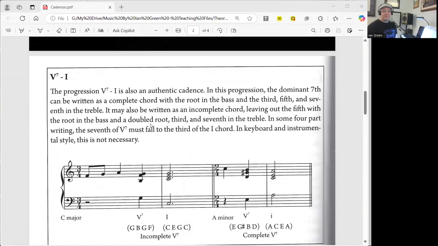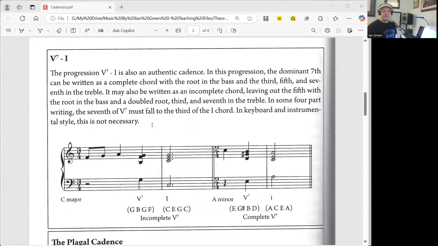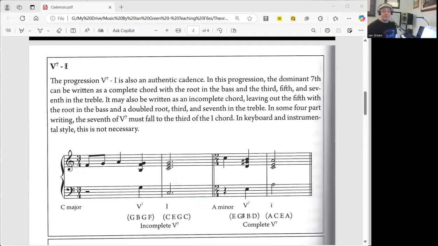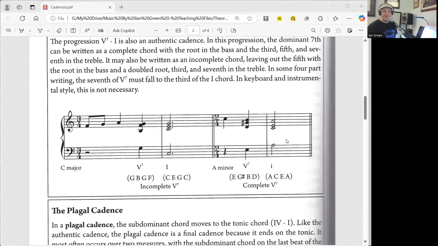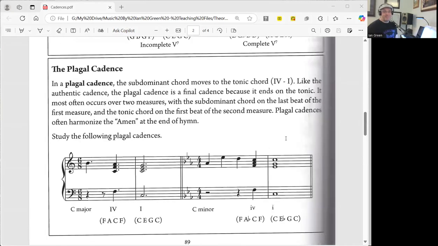Now in music we also sometimes see the 5-7 going to 1, but the dominant seventh is a type of chord that we'll discuss in a different tutorial, in a different series actually.